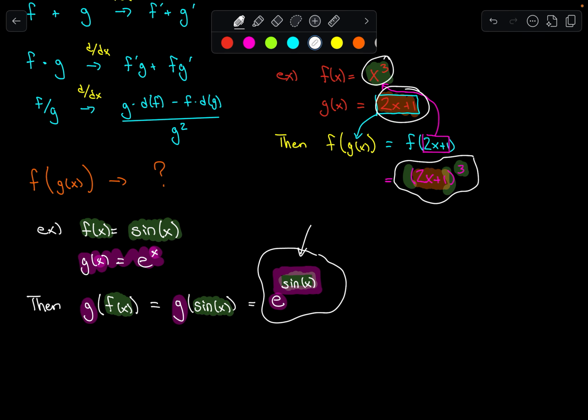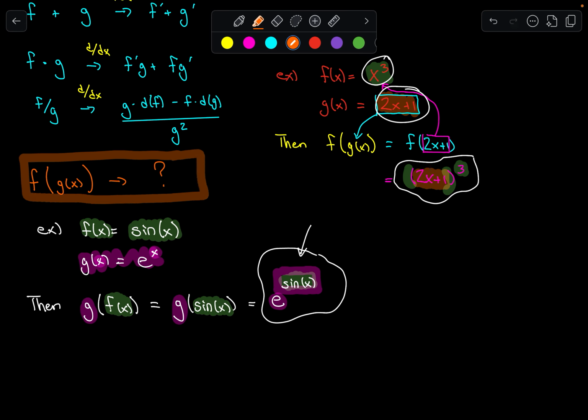This one's a composition of a trig function, and then e raised to some power. Once you realize that that's happening and you need to take a derivative, we are going to need to use the chain rule.